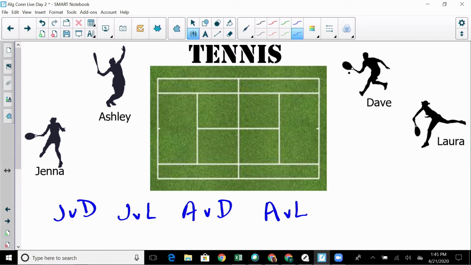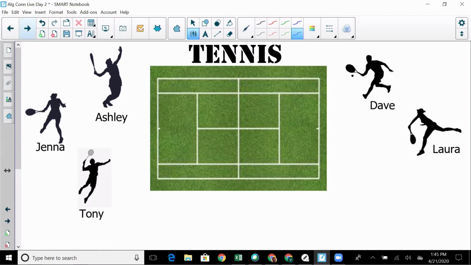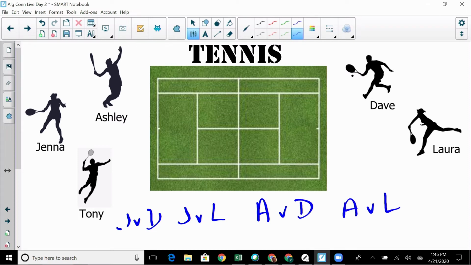That's the same when you're multiplying polynomials. What if you had a third person on this side? Tony came. Tony showed up. So now we already know we had Jenna versus Dave, Jenna versus Laura, Ashley versus Dave, Ashley versus Laura. Tony wants some of the action too.